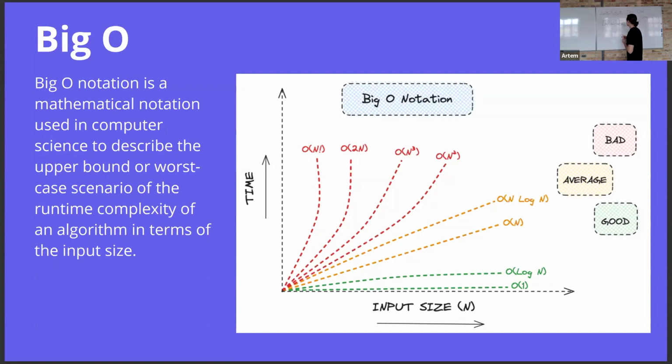But here we're trying to find not an element with some value, but an element with some index. And this is the key difference, because in an array we don't have any problems getting an element by index. We just get this element. But in a linked list, we have some problems with getting an element by index. So we need to do some additional actions.